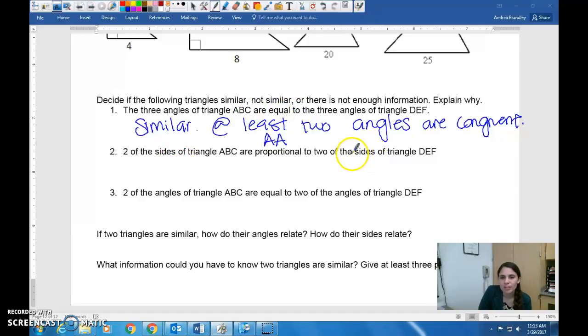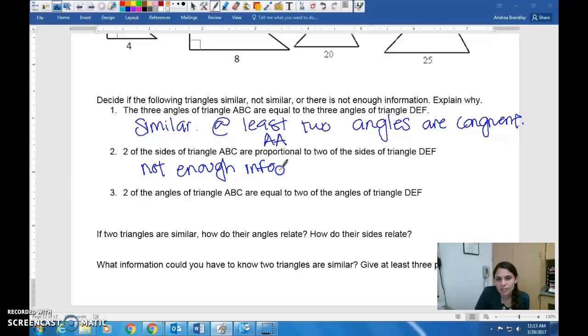The second one, 2 sides of the triangle ABC are proportional to 2 sides of triangle DEF. Well, if I go through my theorems, the first one was angle-angle. I don't know any angles, so I can't use that test. My second one was side, side, side, which I can almost do. I have 2 sides and 2 sides, but I'm missing that third side, so I can't use that test. And then the last one is side, angle, side, but I don't know any angles. So this one, there's not quite enough information.